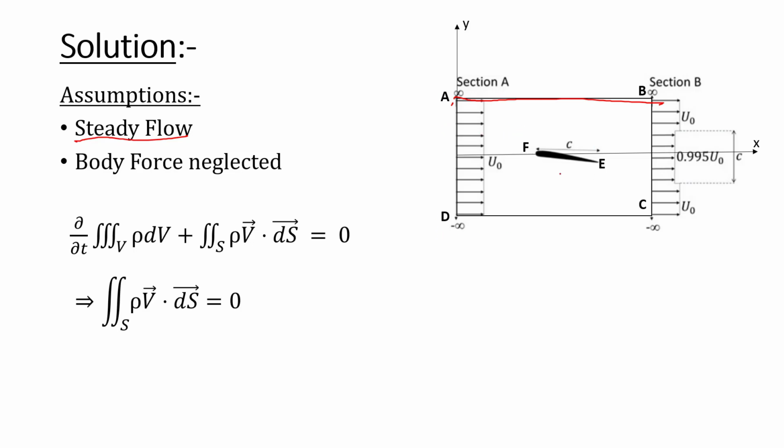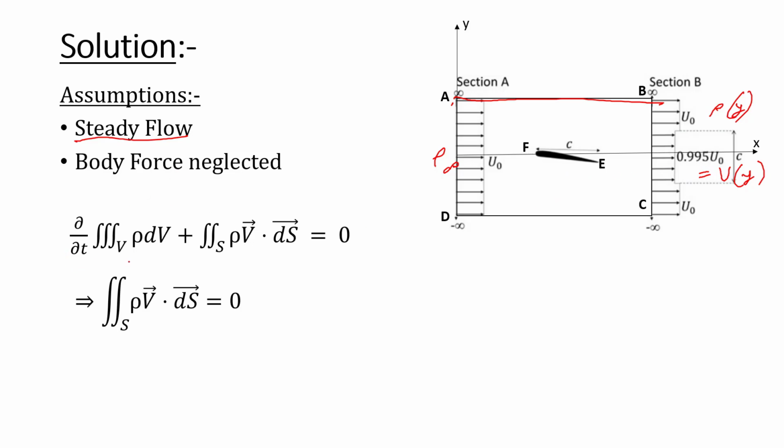A, B, C, D are all situated at infinity, and the x-axis is at the center of this profile. We will assume the density at section A as rho infinity, and the density at section B as rho y. Similarly, we will take the velocity at section B as capital Uy for simplicity in solving.